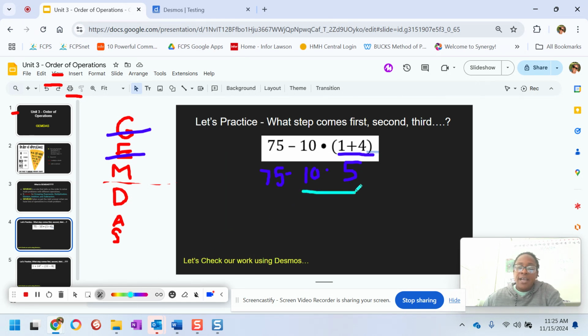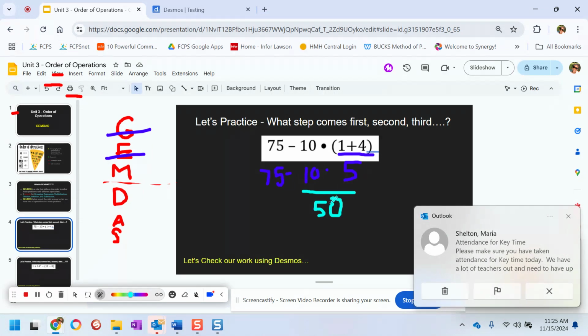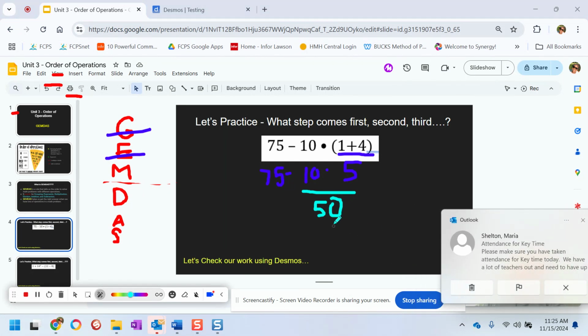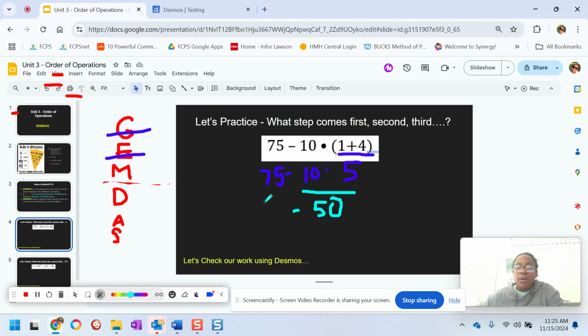Here I do 10 times 5, which is 50. Then I bring down everything else. 75 minus 50 is the last thing I have to do. I don't have division or addition. So 75 minus 50 is 25.